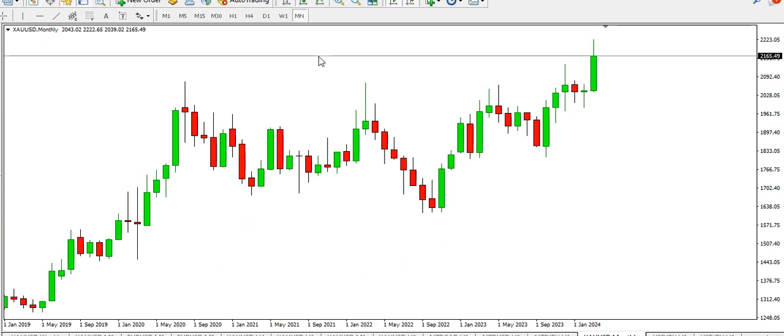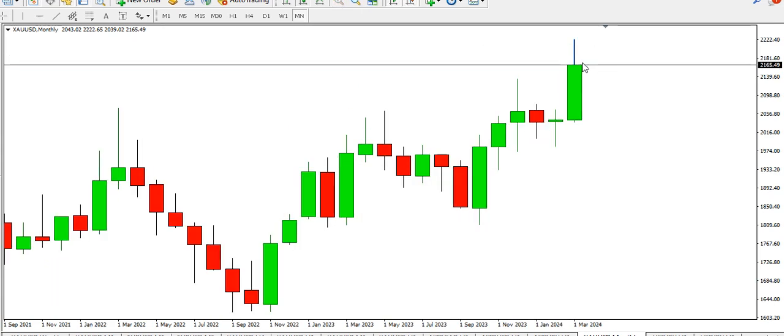Let's look at what has happened on the monthly time frame. The month is still on, not yet ended. The price of gold pushed up to this point, the 2222.65 high, and has since retreated about a third of its monthly movement.